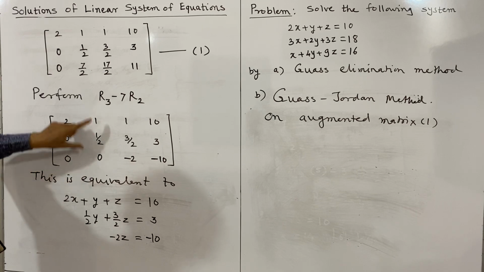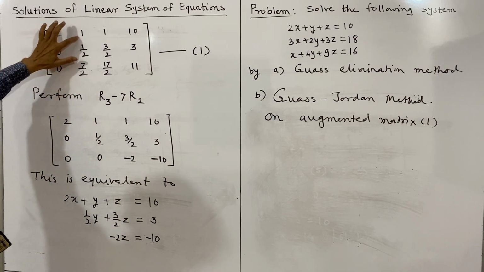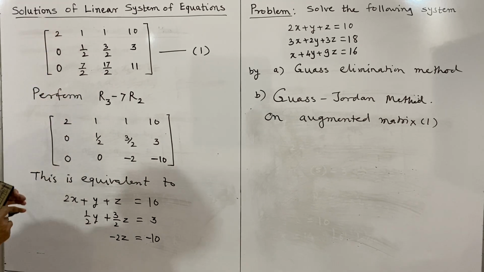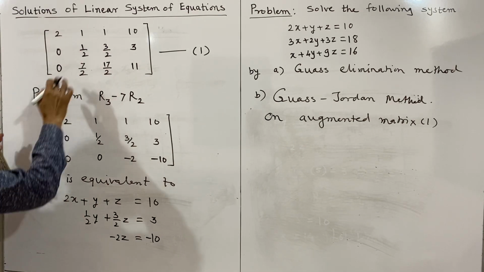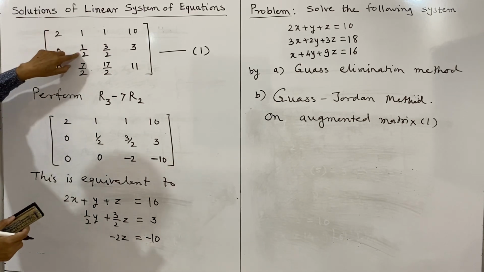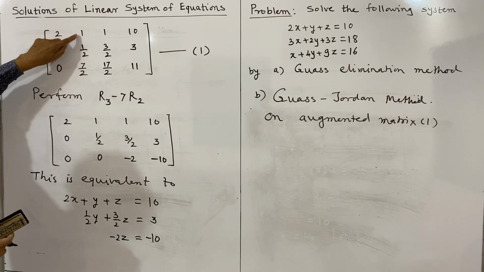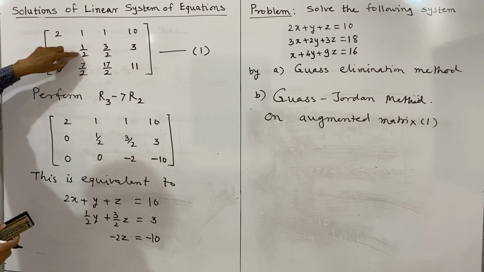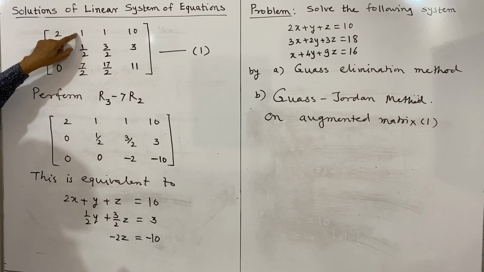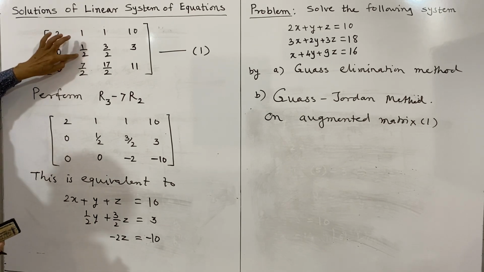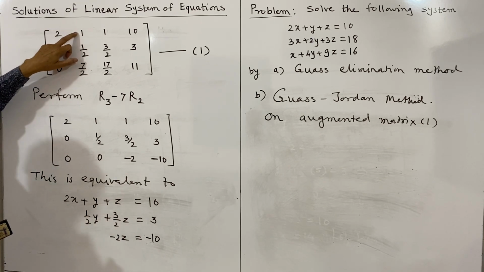That means this element is converted to 0. Only this remains. And to convert this to 0, make use of R2. See here it is 1 and here it is half. So we want 1 here. So multiply this by 2 and then subtract that element from first equation.